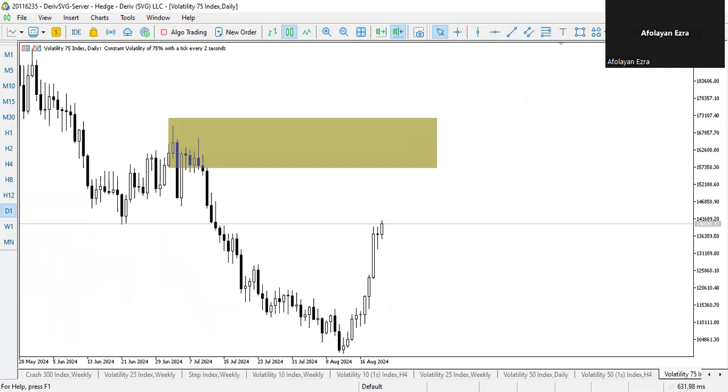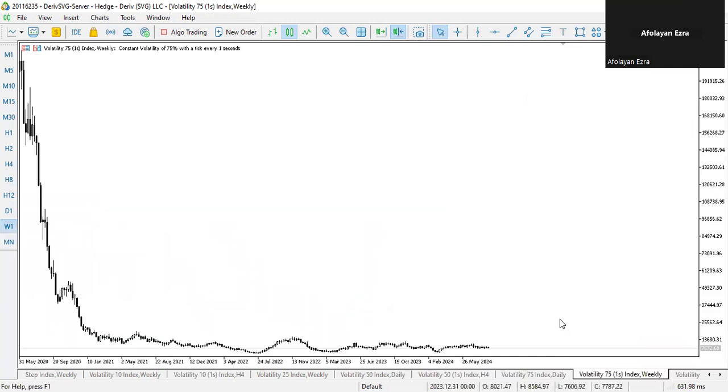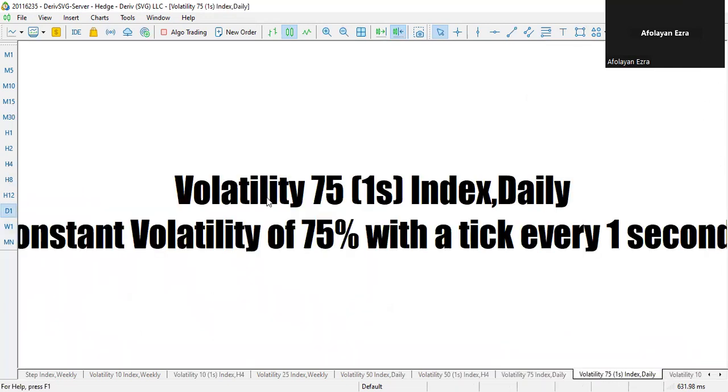All right, now let's go to VIX 75 1S. There are reasons why I've not taken any trade for a while. My setup has not really showed.